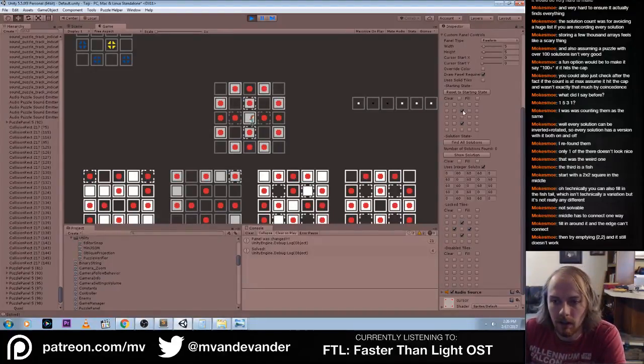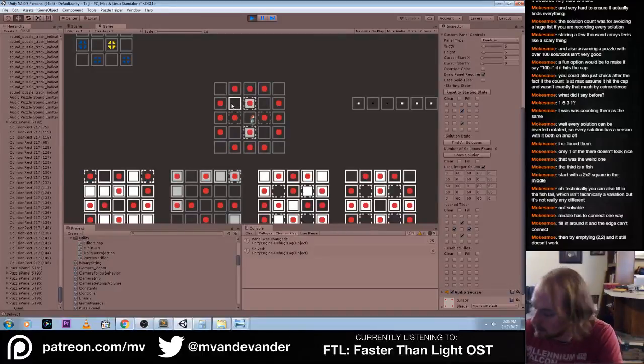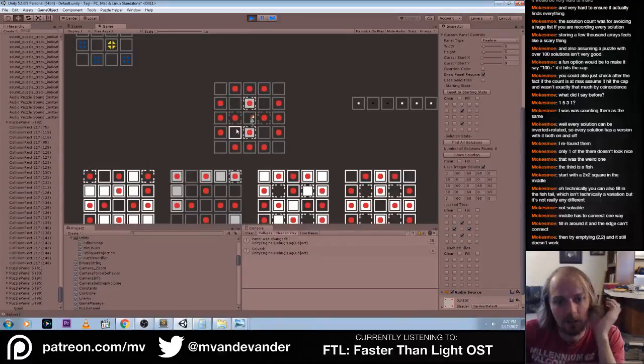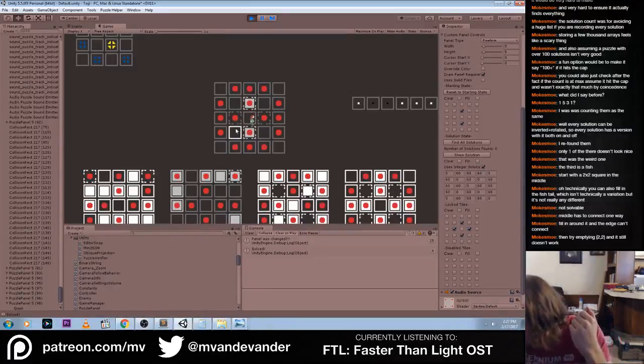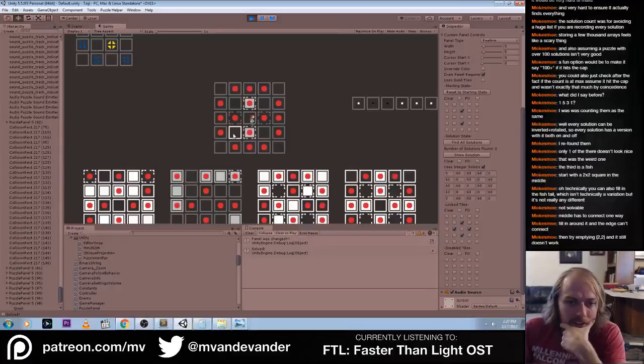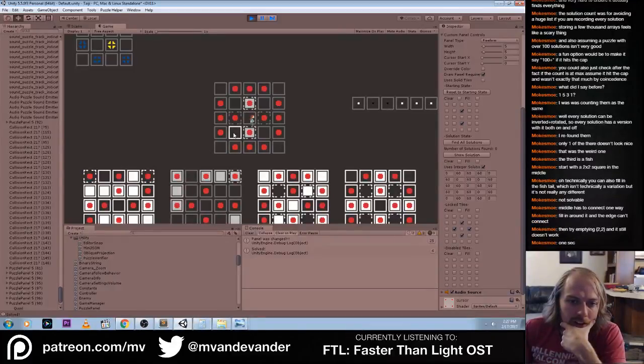So you were saying if I try emptying this is what you meant. Is that what you meant? I'm not sure what you mean. 2, 2 is this. Unless you're counting it as 0 indexed. In which case that's that, right? But I guess you meant the middle tile. In that I can't do it the inverse either, right?